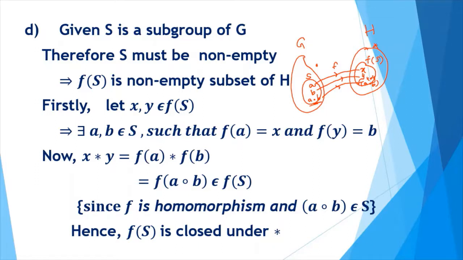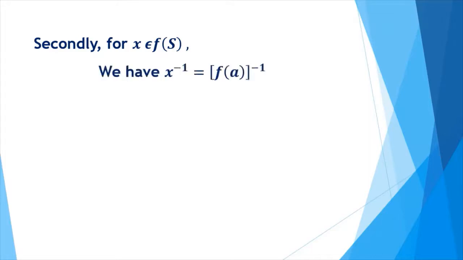Next, we have to prove that if x belongs to f of S, then x inverse also belongs to f of S. Actually, we have taken x from the set f of S. So, correspondingly, we had an element A such that x is equal to f of A. So, we can write x inverse is equal to f of A whole inverse.